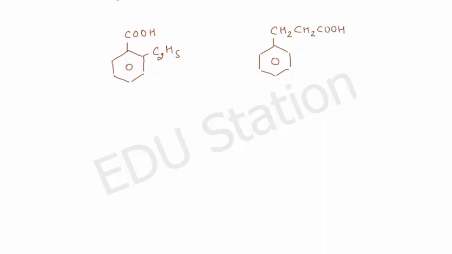Now let's focus on the first structure. You have acid and C2H5 is ethyl. Acid is most preferred, so this is out. When acid is directly attached to the ring, you call it benzoic acid. On the second position, we have ethyl. So our name becomes 2-ethylbenzoic acid.